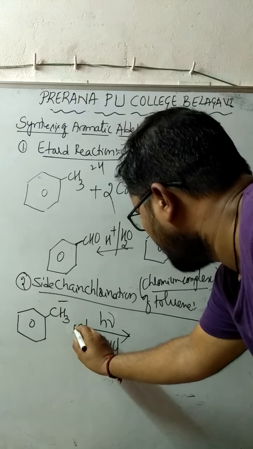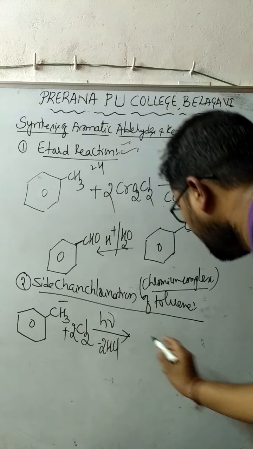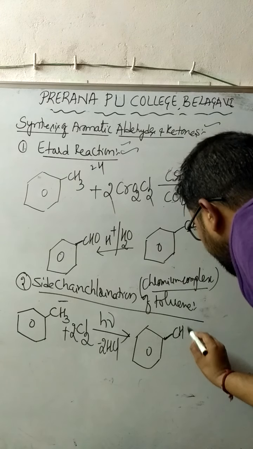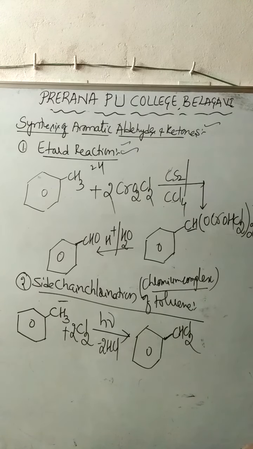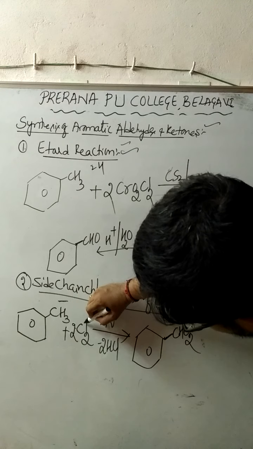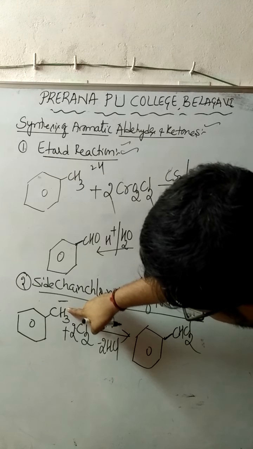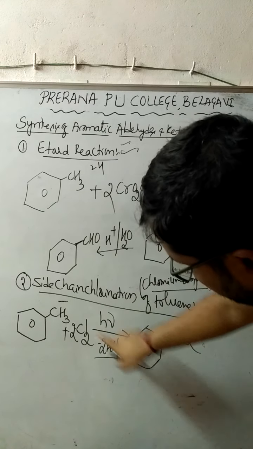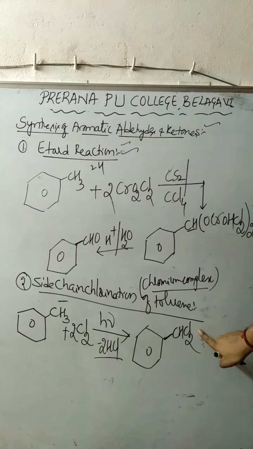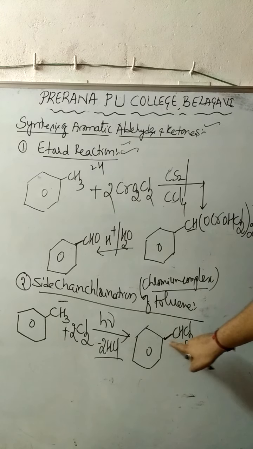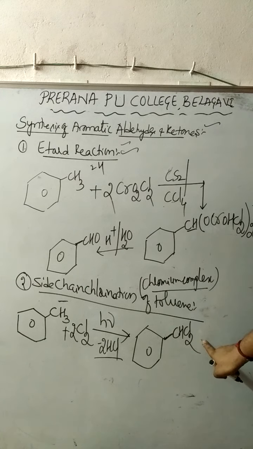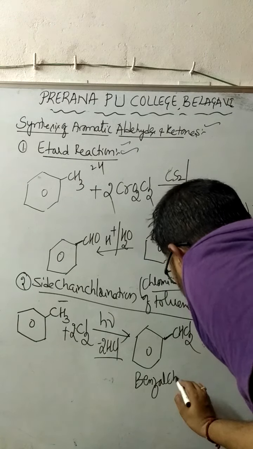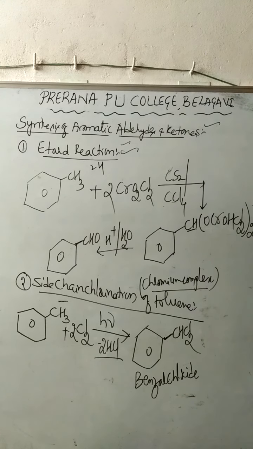To remove this 2 times HCl, I need 2 moles of chlorine, so that I can rewrite this particular reaction as CHCl2. So 2 hydrogens have been taken away by 2 chlorine atoms, totally 4 chlorine atoms, and eliminated as 2 times HCl. Still 2 chlorine atoms are left out, which have been added to this, so I have written it as C6H5CHCl2. This is called benzal chloride.